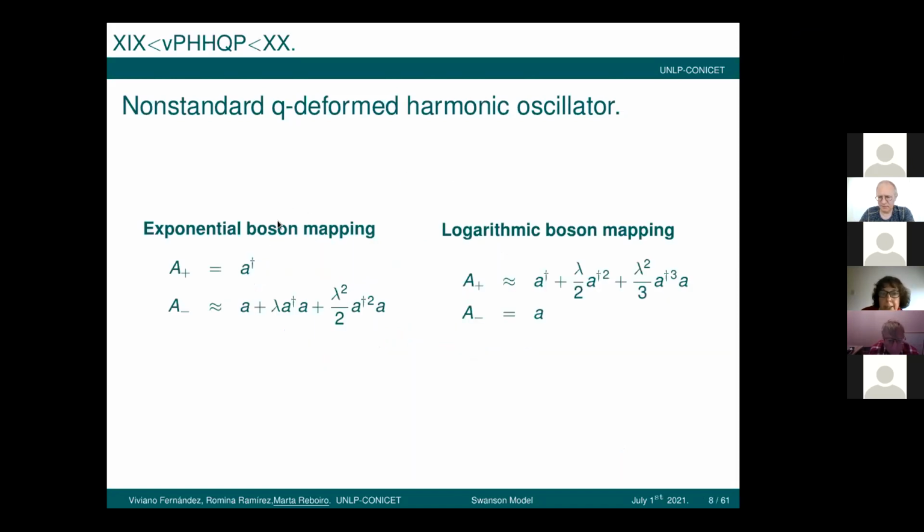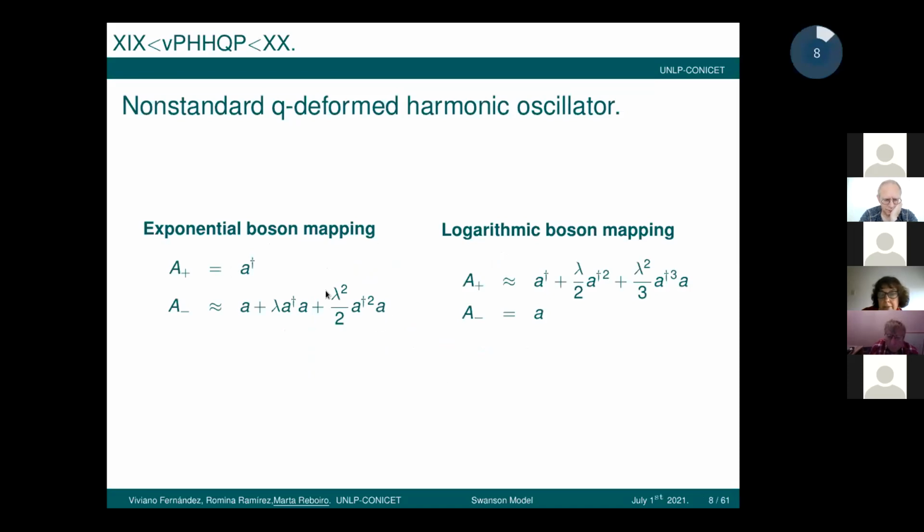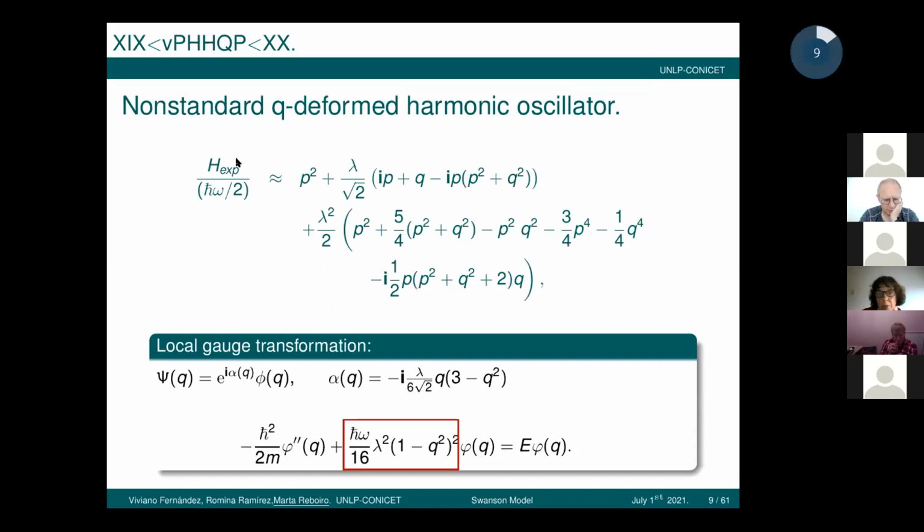To deal with this structure, we said, well, we shall take powers of lambda up to order 3, and both in the exponential boson mapping and in the logarithmic mapping, we truncated the series expansion, and we end up for the exponential mapping, for instance, with this type of Hamiltonian.